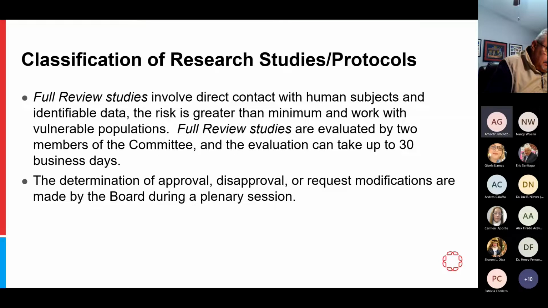Now that protocol will be evaluated in detail, and there is a 50-50 chance that it could be disapproved or require major modifications. So we have to be very careful when we are writing our methodology, so that students do not fall into one of these areas that could result in a reclassification of any protocol or study.